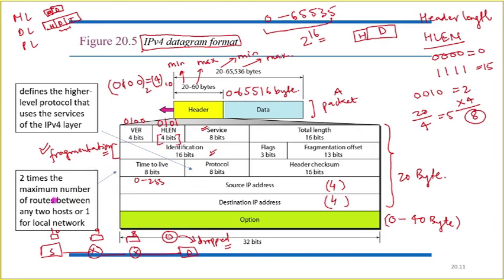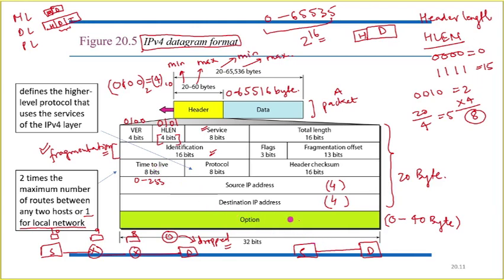One more thing, for the local network. If the data needs to be sent within a local network, so this is the source and this is the destination, going from source to destination. If it is connected to a local network, its value should be put as 1.